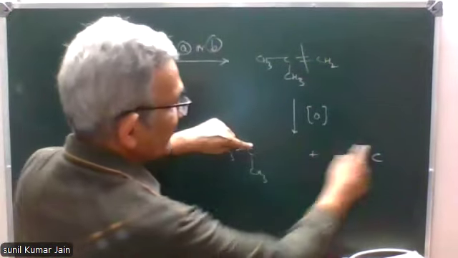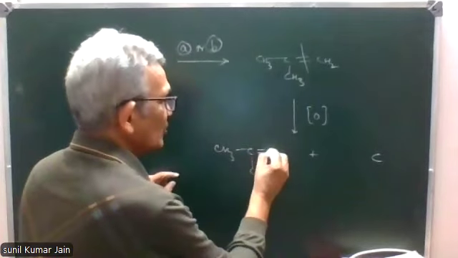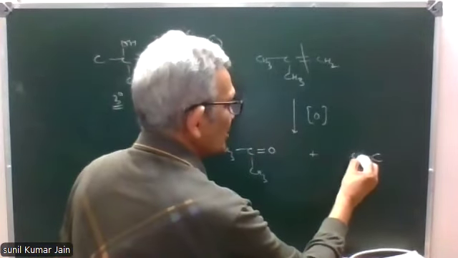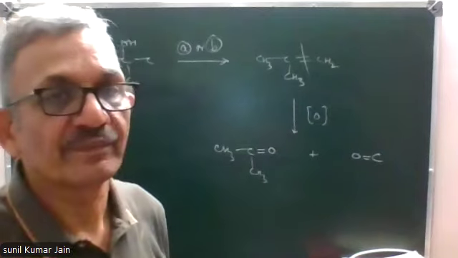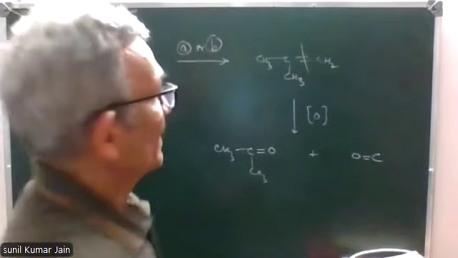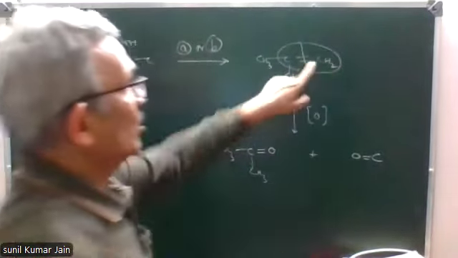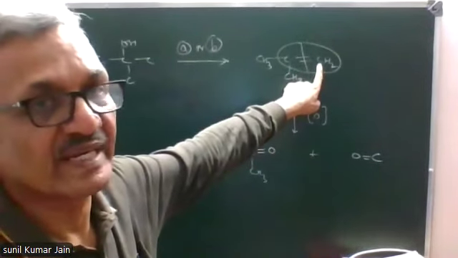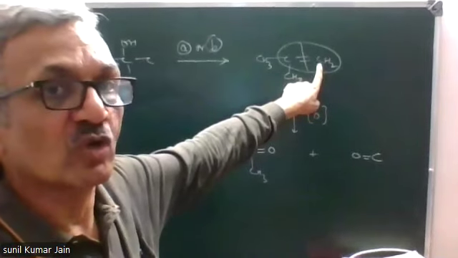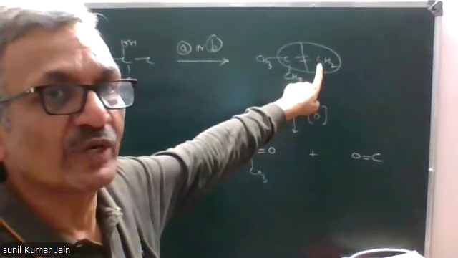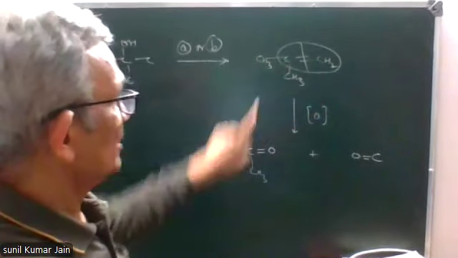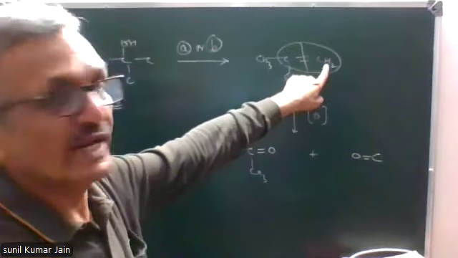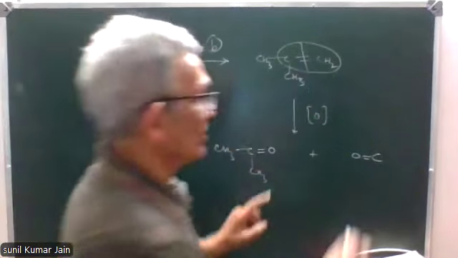Attach oxygen through a double bond. Step 3, all hydrogen atoms attached to these 2 carbon atoms which had a double bond between them, replace all those hydrogen atoms by OH groups. No hydrogen, no OH group. 2 hydrogen atoms will be replaced by 2 OH groups.